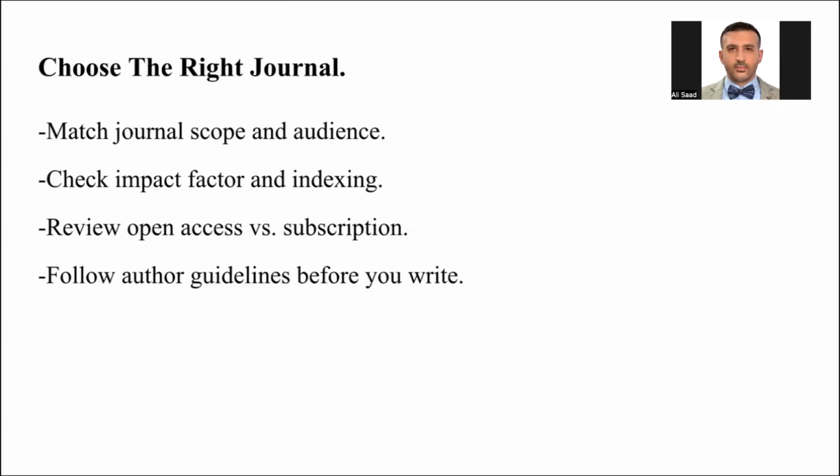You can also see whether the journal is hybrid or open access only. Open access only journals will make your paper readable for every ordinary researcher. The readers of your paper won't pay anything to see your paper, and they can cite you, but you need to pay or you need to have a waiver if you want to publish in an open access journal.